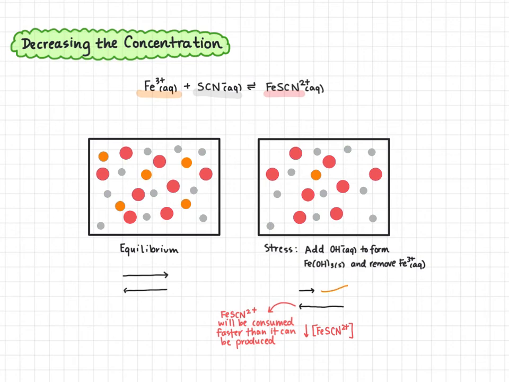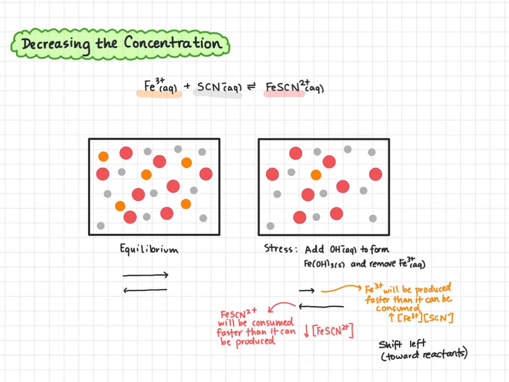Conversely, iron will be produced faster than it can be consumed, as will thiocyanate. This is going to lead to an increase of both the concentration of iron and the concentration of thiocyanate. This will result in a shift left towards the reactants.